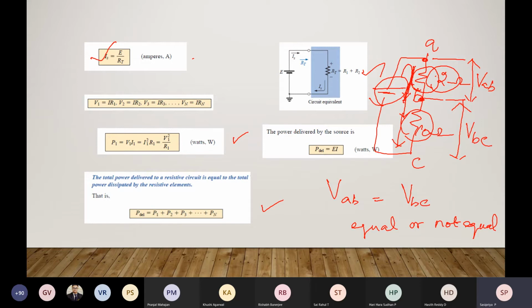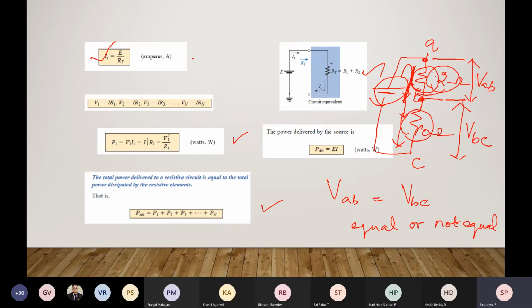So here the work done is going to be more. Definitely in series circuits, the potential difference or voltage drop across the resistors will not be equal. It will be different.